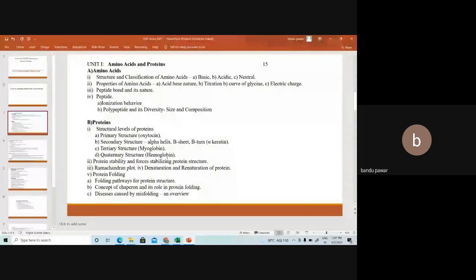Also we need to see the 3 10 helix, collagen helix, pi helix, reverse turn, random coil. It is also important regarding competitive exams in life sciences.